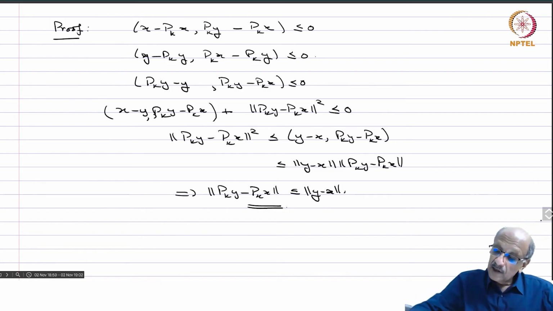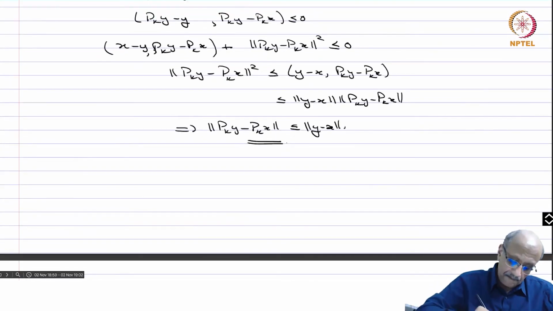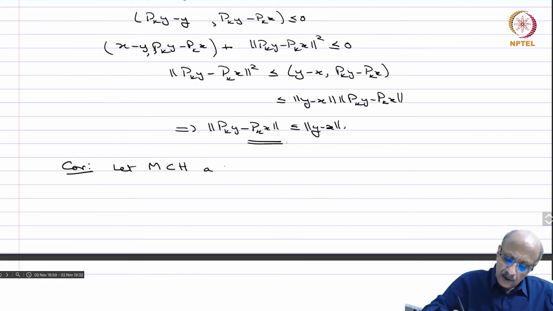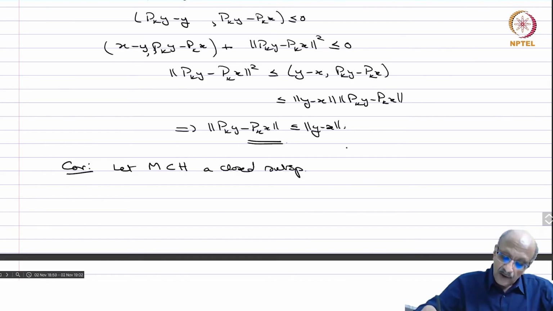Okay, corollary. So let M contained in H be a closed subspace. So it's a closed subspace, so it's automatically convex. Okay, so closed subspace is a particular case.